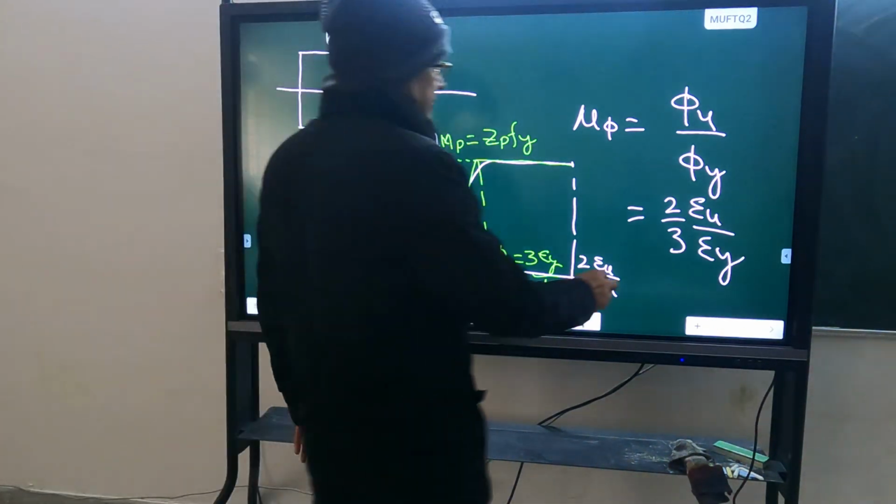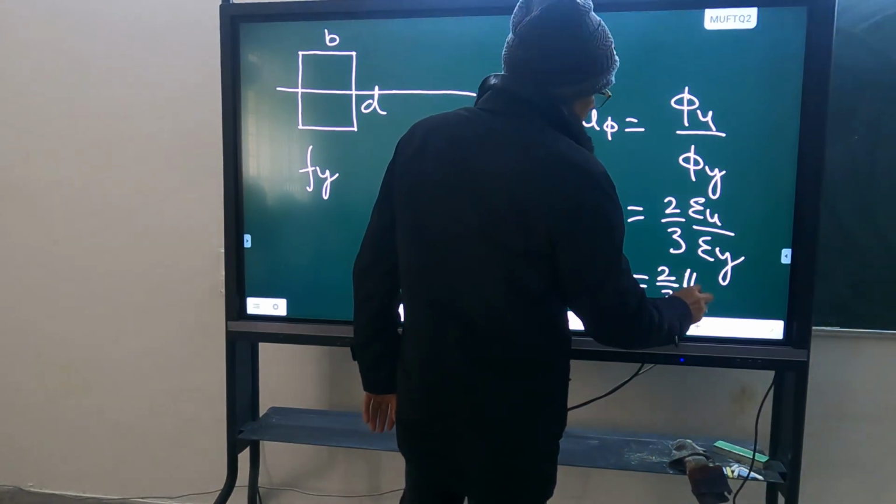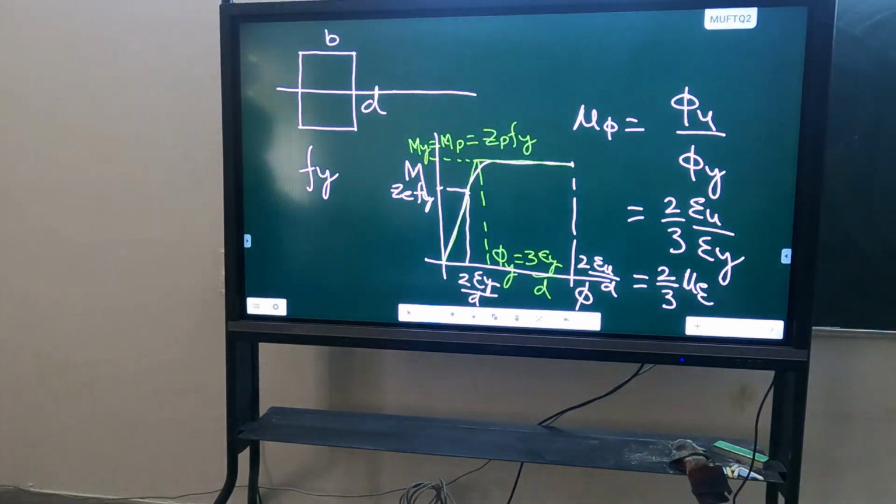And that is 2 by 3 of mu epsilon. Agree? You agree up to this point?